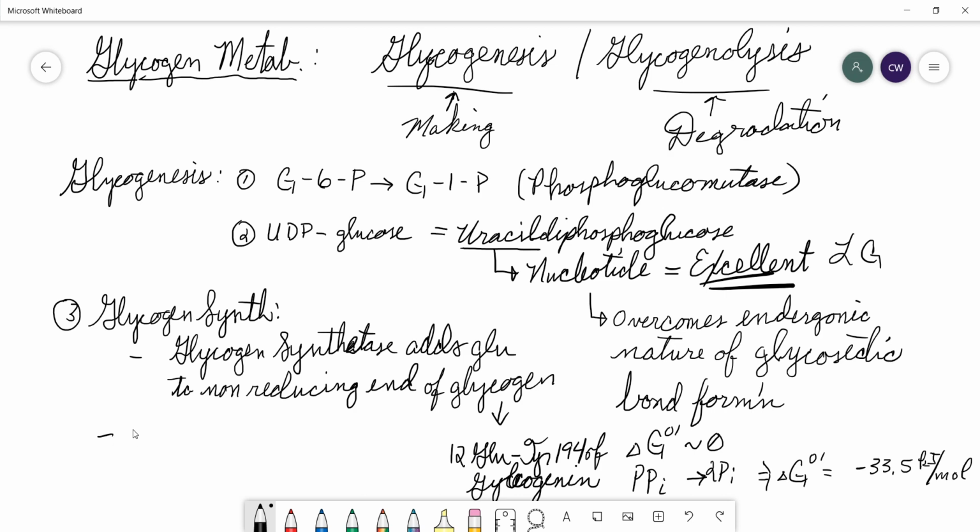Okay. The other enzyme that's involved, okay, is amylo alpha 1,4 to 1,6 glucosyl transferase.